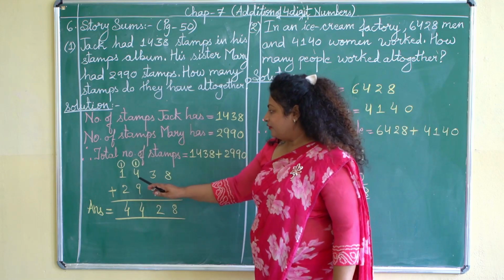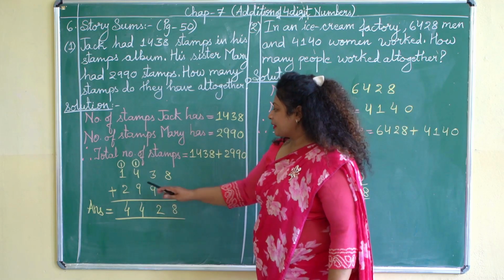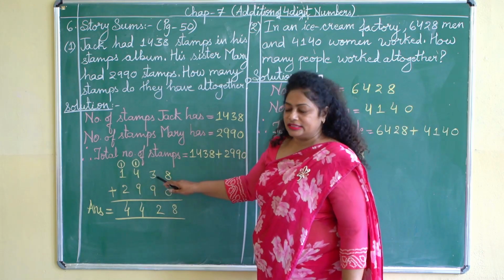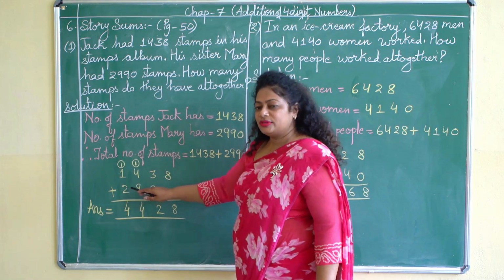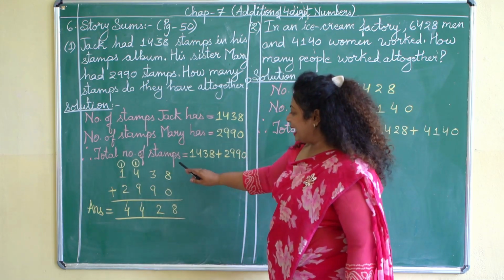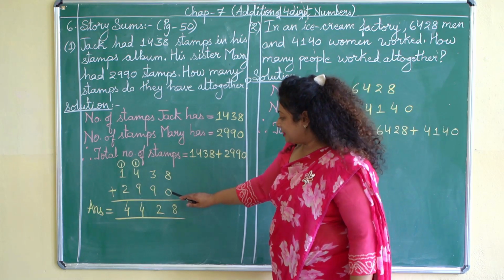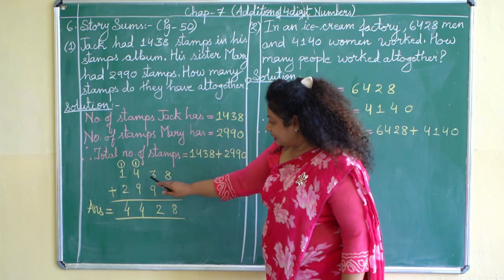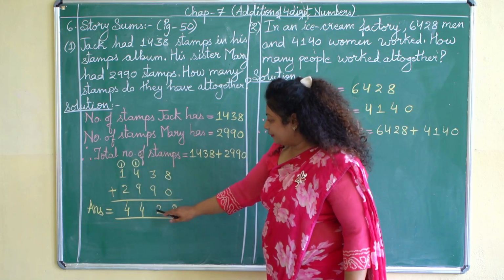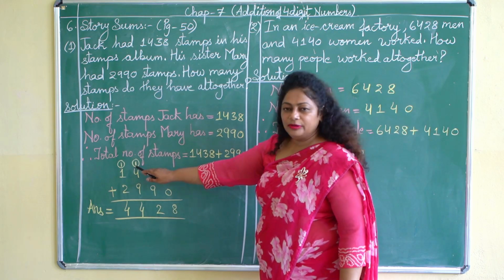Let's add. First of all, we have to arrange it. 1438 plus 2990. Let's start adding with the numbers at ones place. 8 plus 0 will give you 8. 9 plus 3 will give you 12. 1 will be carried.